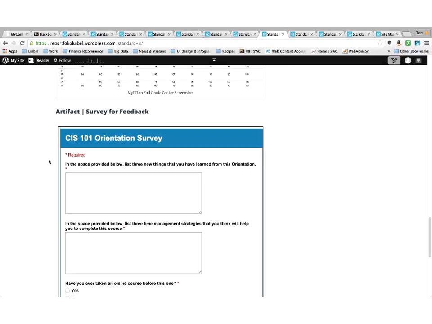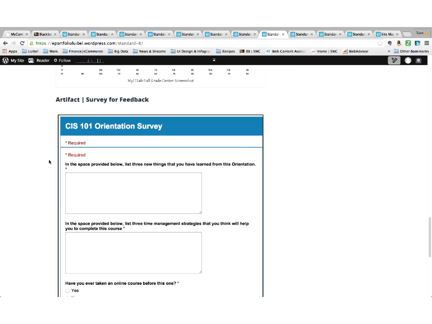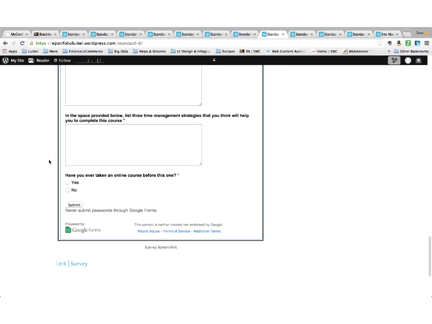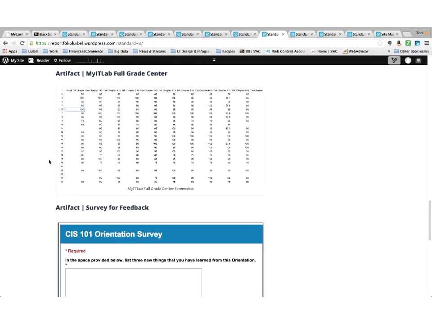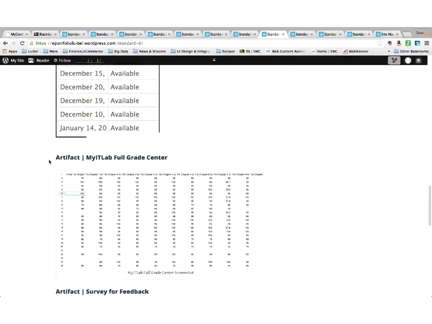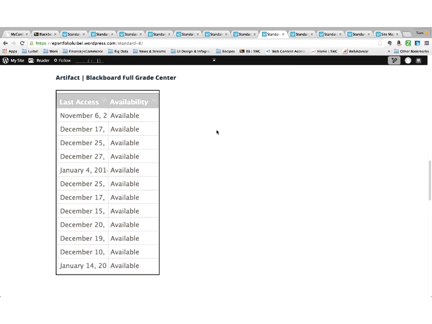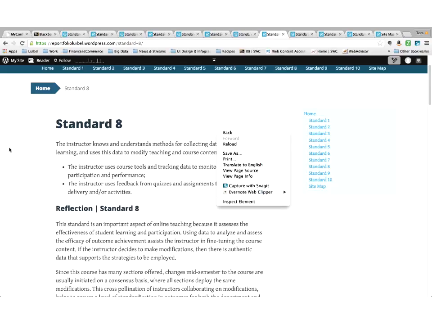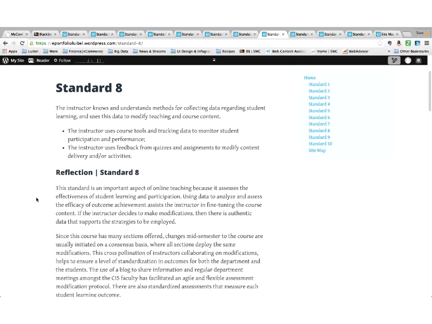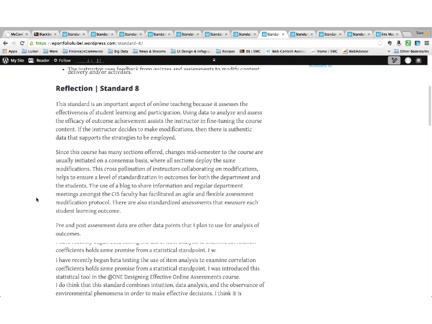Here's another survey, another way we look at the information and the data. I also started beta testing some item analysis since I took the Making Effective Online Assessments course. I really started to take a good hard look at using item analysis.